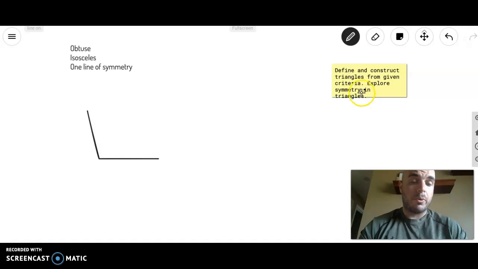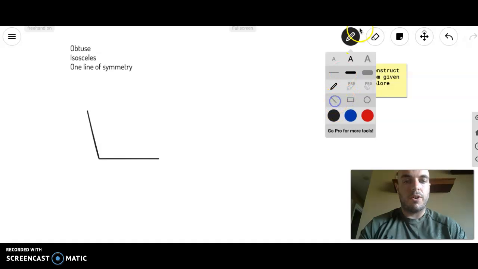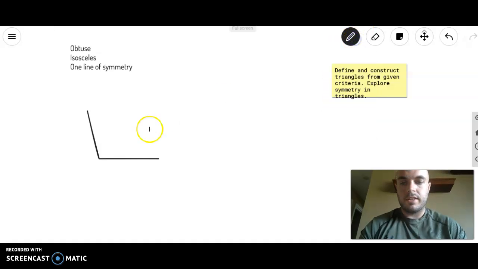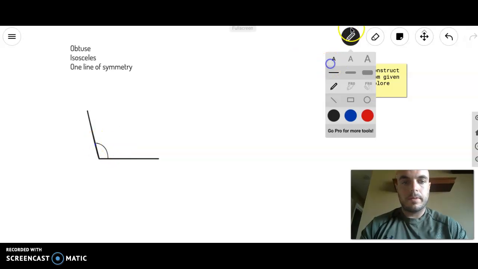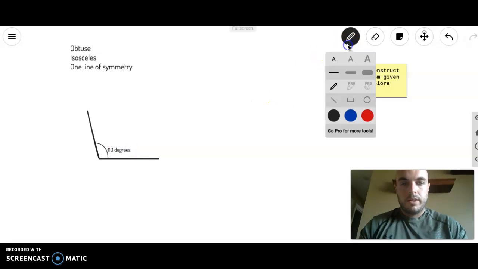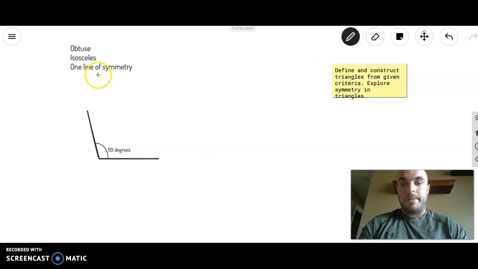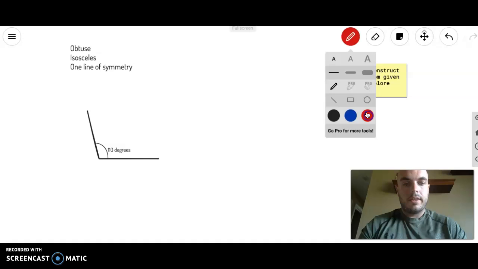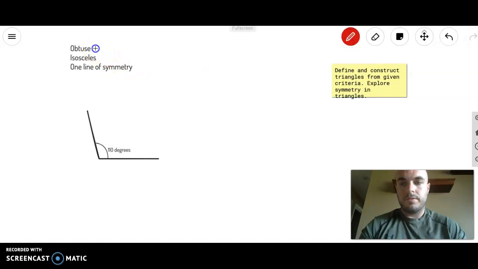Of course I don't have a protractor, but I can see that this is greater than 90 degrees because 90 degrees would be here. Let's just, for the sake of argument, say that this angle is 110 degrees, which does make it obtuse. It's greater than 90. So we have that checked off.